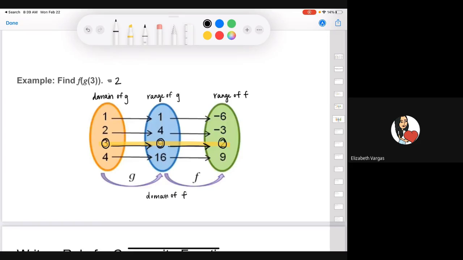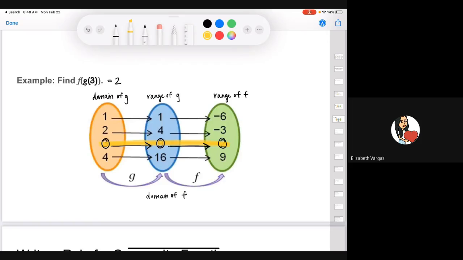So basically, whenever we have a mapping diagram, all you would have to do is identify what g is equal to whenever we put in the domain value 3 for x. And what you see there is you follow that line all the way across, and you'll see that f results in 2.